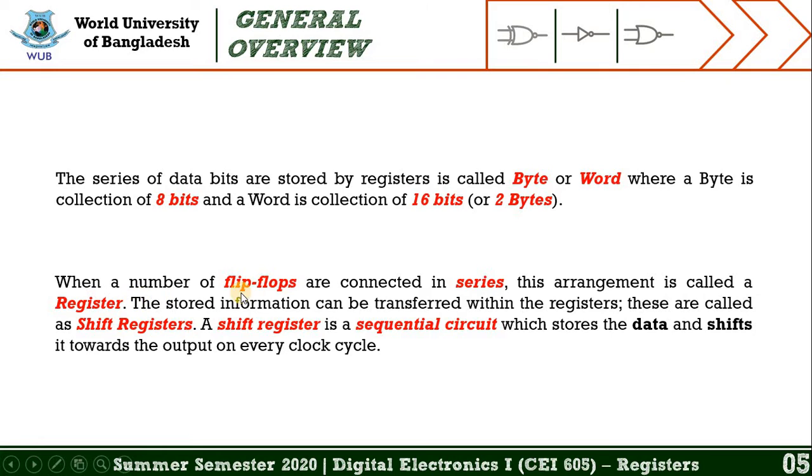When a number of flip-flops are connected in series, this arrangement is called a register. The stored information can be transferred within the registers. These are called shift registers. A shift register is a sequential circuit which stores the data and shifts it towards the output on every clock cycle. Now time has come to explore the general overview of registers. That's why we need to move into the next slide.